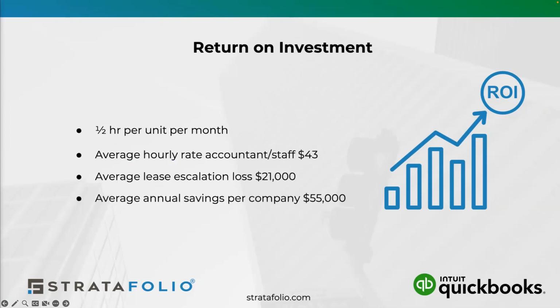And for the companies in that survey, on average, they identified $55,000 in savings. Our average customer subscription and onboarding are far less than half of that. The system easily pays for itself and provides peace of mind for not only you, but for your lenders as well, who are very closely watching the real estate market and evaluating their risks.